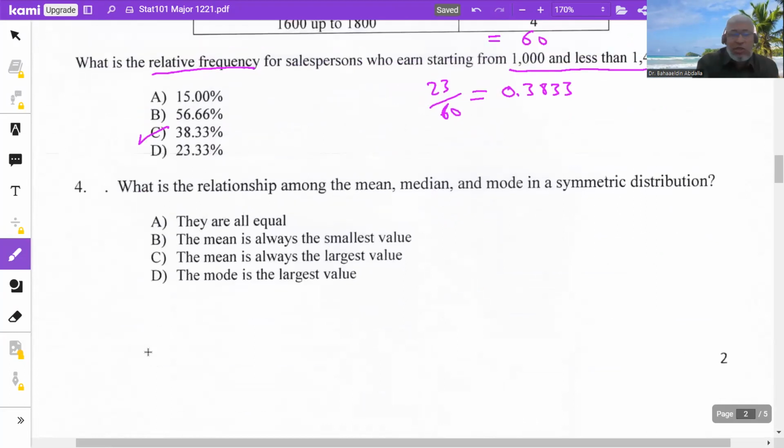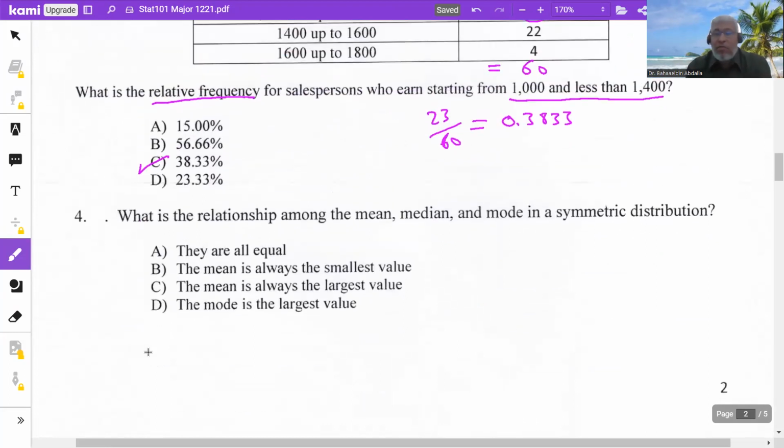What is the relationship among the mean, median, and mode in a symmetric distribution? In a symmetric distribution, the mean, the median, and the mode will be all equal, because it is symmetric. Whatever is to the right of the center is equal to whatever is to the left.